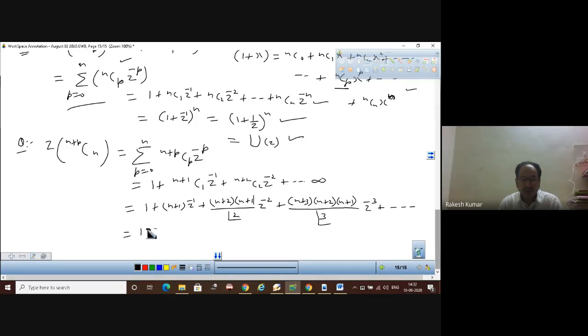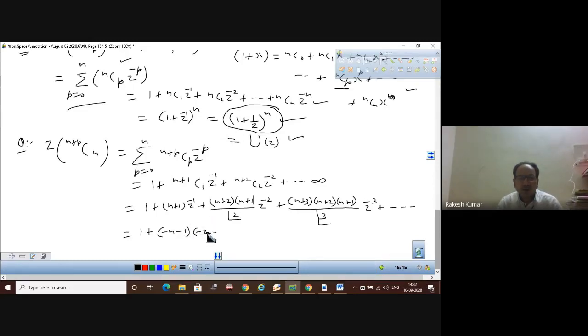That will be 1 plus, just to have the arrangement of the terms, because we have to write the expression in simpler form like this one. So for this, we have to adjust the signs, positive signs with the negative sign or negative signs with the positive sign. So if I write like this, I have to adjust the negative sign. So what will I do?